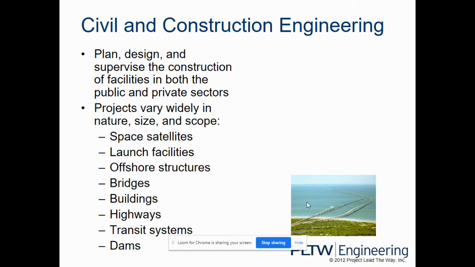It could be for the public, as in building schools, building bridges for roads, or for private, which is just basically anything else that can be built. And all of these different areas that were shown here, space satellites all the way down to dams, you can make things really big or really small. They all have to do with civil engineering.